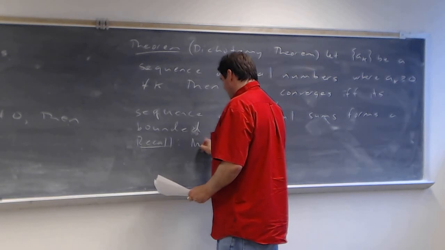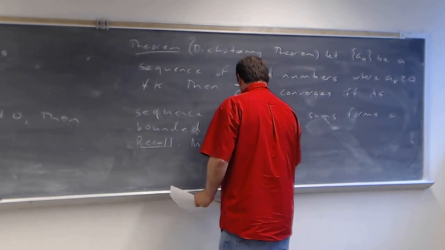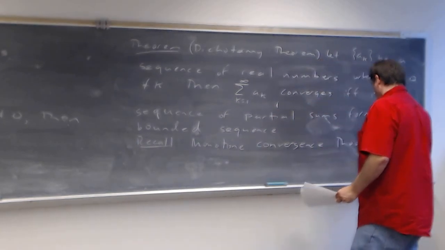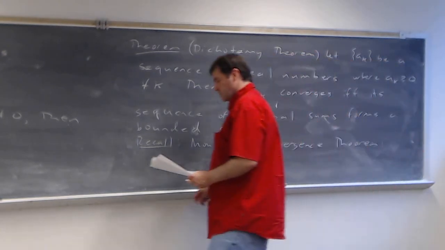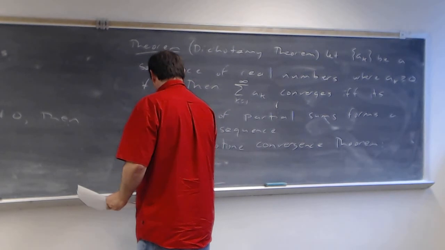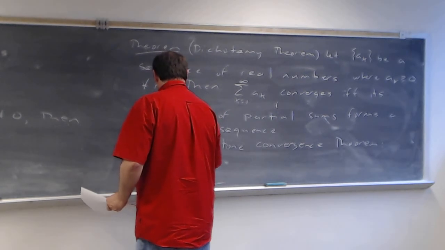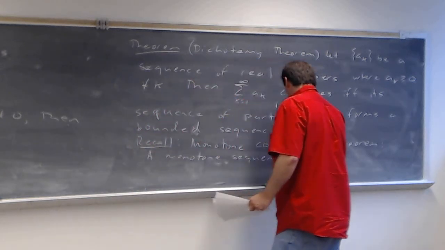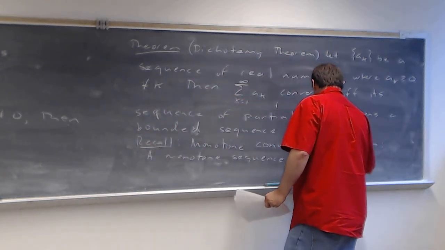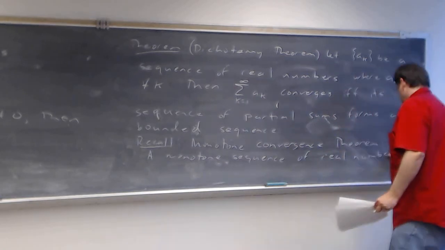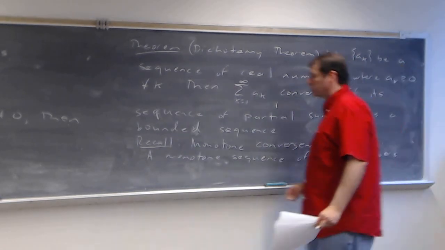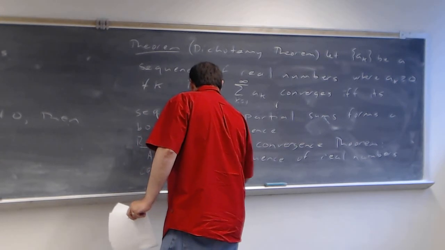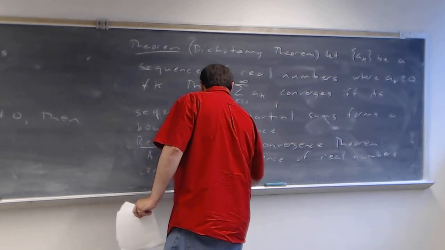It says for the monotone convergence theorem, a monotone sequence of real numbers converges if and only if it is bounded.